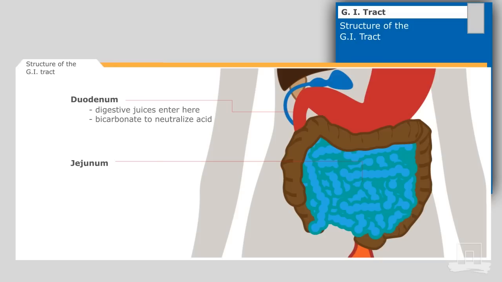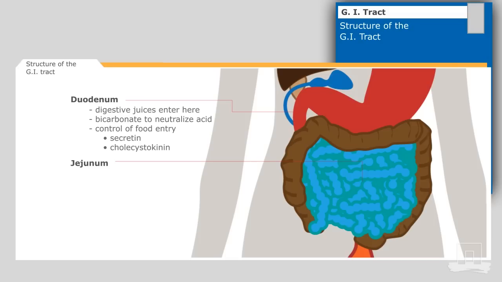Now, besides being the site of food digestion, the duodenum also controls the rate of emptying of the stomach by producing the hormones secretin and cholecystokinin, which is triggered by food entering the duodenum. Secretin and cholecystokinin have a variety of other actions, including stimulating the pancreas to release bicarbonate and digestive enzymes.